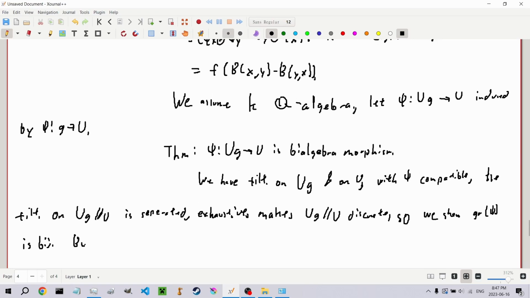Now, by the Poincaré-Birkhoff-Witt theorem, UG is a free K module with a basis d^alpha being d1^alpha1 through dn^alphan.